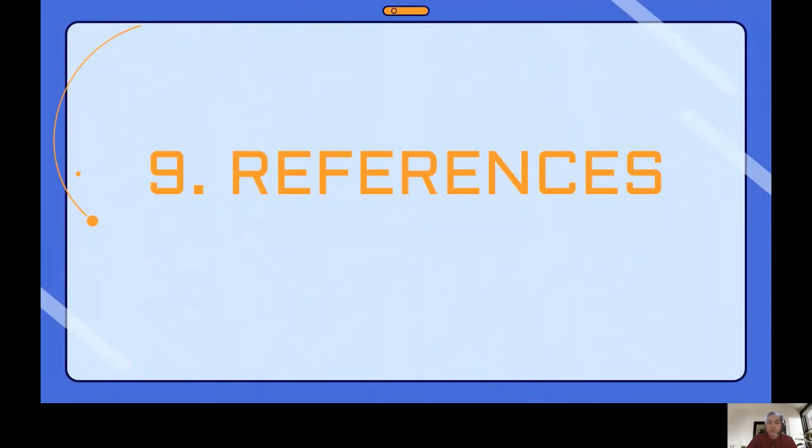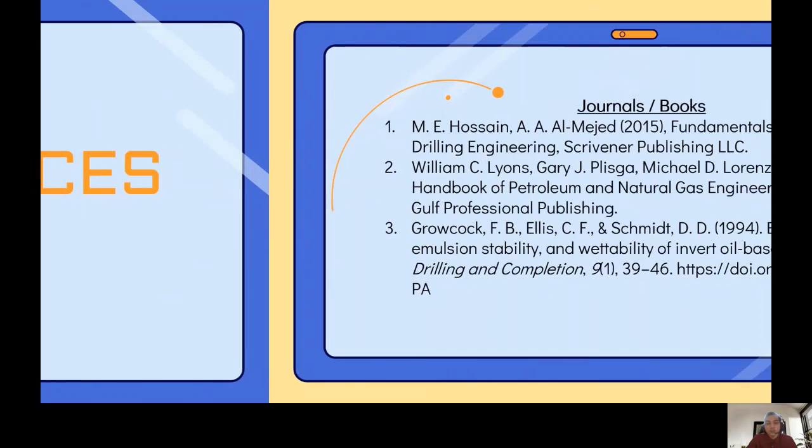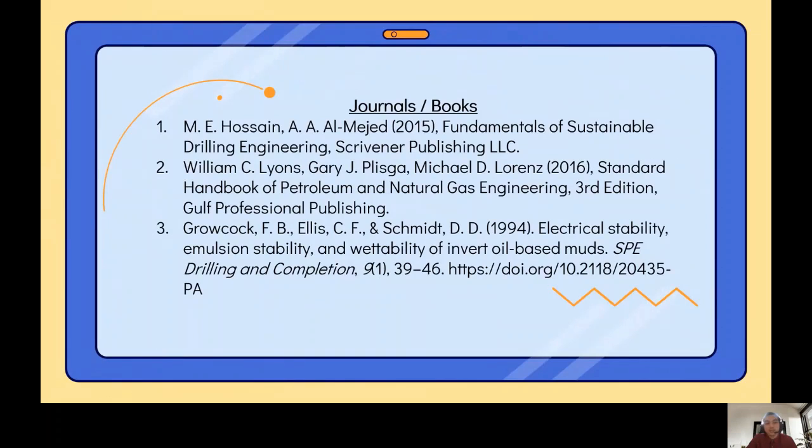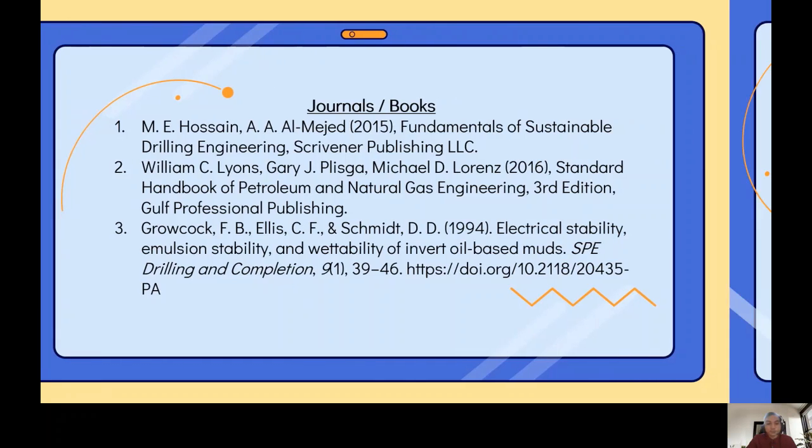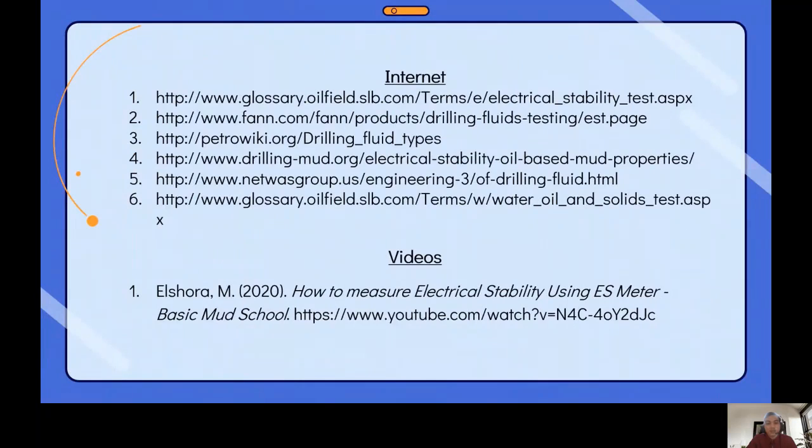Next are our references. These are the journal and book references. We have three journals or books that we used: Fundamentals of Sustainable Drilling Engineering, Standard Handbook of Petroleum and Natural Gas Engineering, and a journal, Electrical Stability, Emulsion Stability, and the Wettability of Invert Oil Emulsions. Then we have the references from the internet.